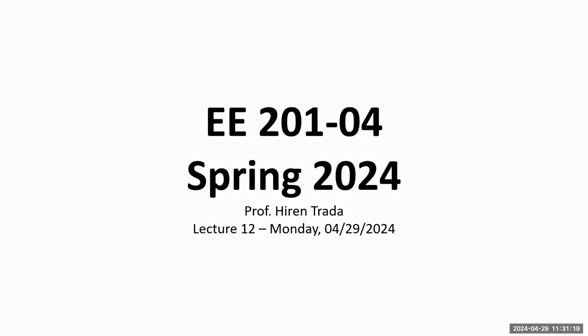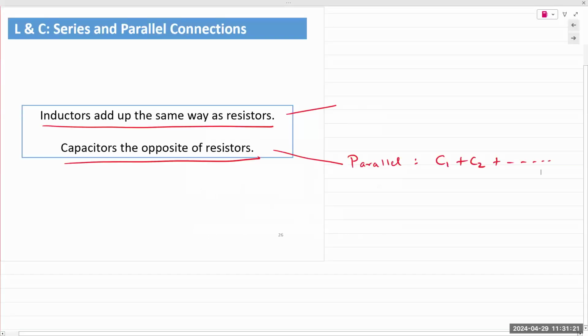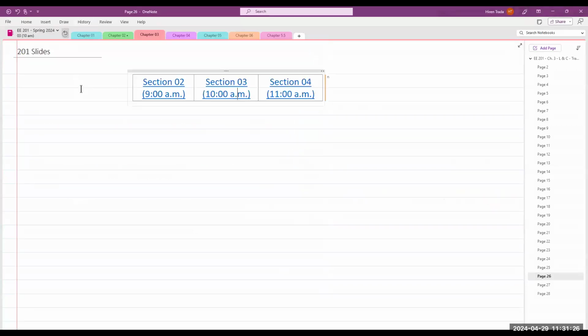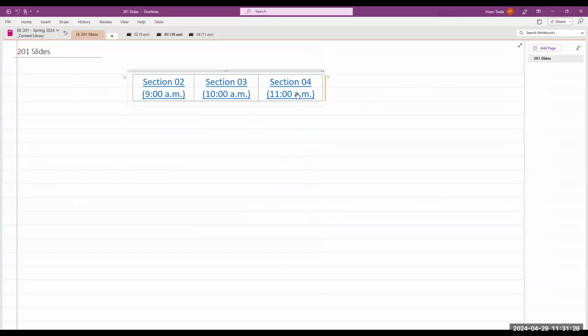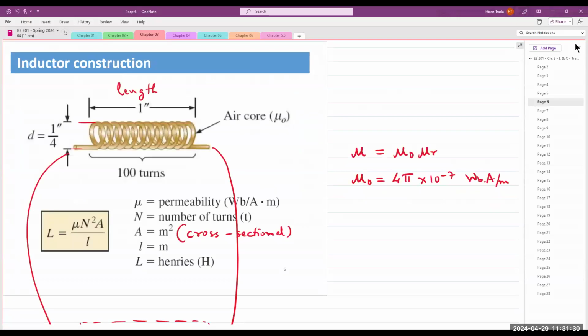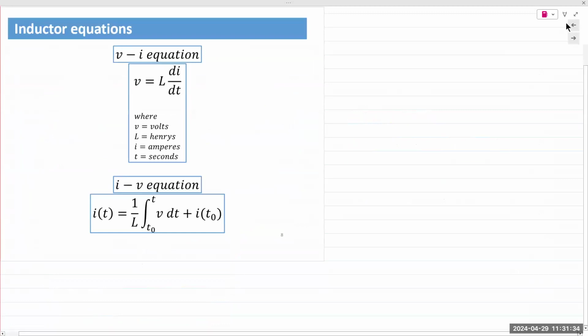So let's look at the class notebook. In section 4, stopped here, and here's the primary equation. Okay, so inductors and capacitors, they are very similar to each other.